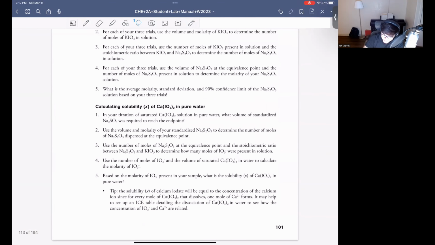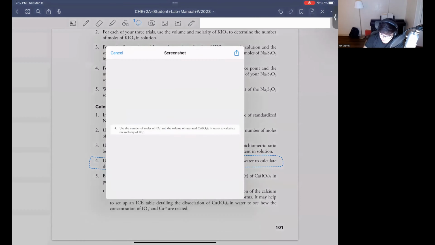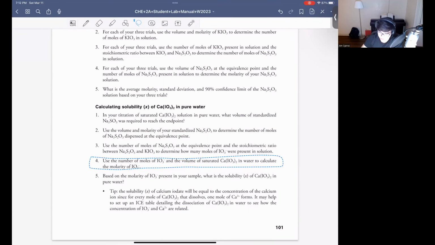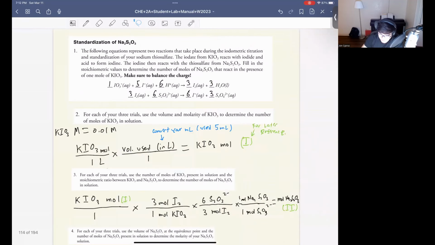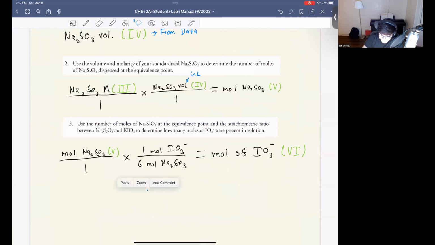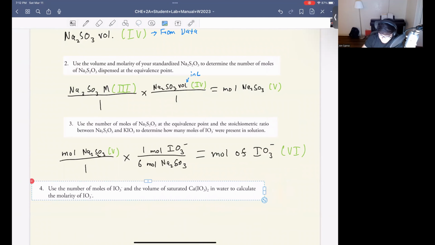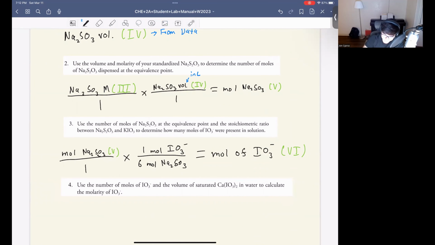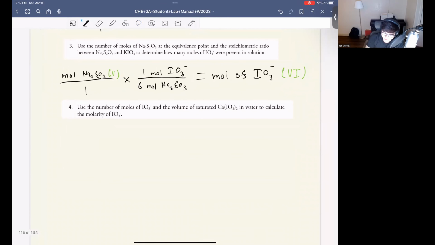It says use the molarity, number of moles of iodate, and the volume of calcium iodate in water to calculate the molarity of iodate. All right, so you're going to use your moles of iodate from the last step.